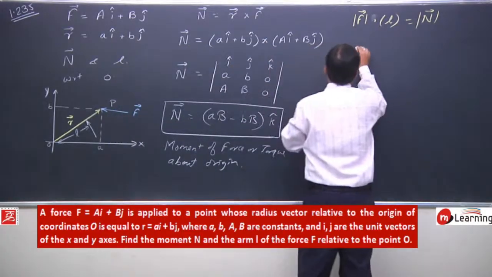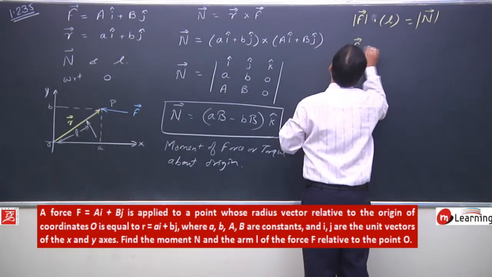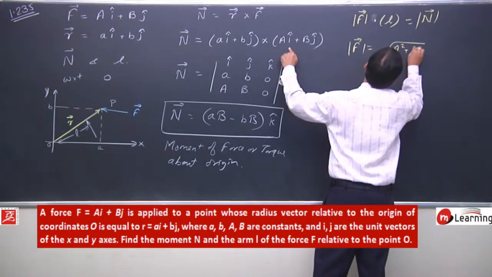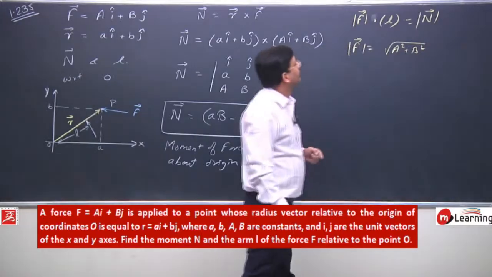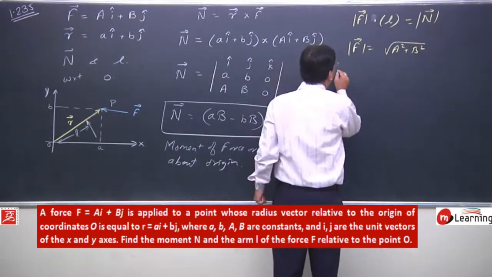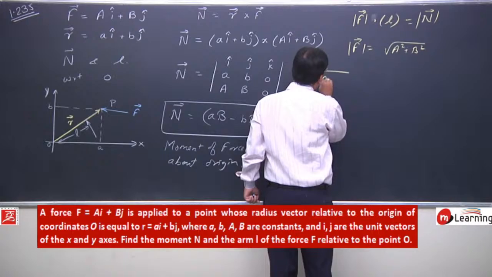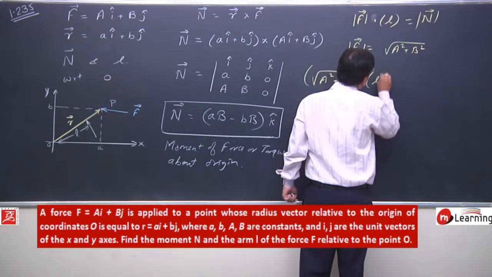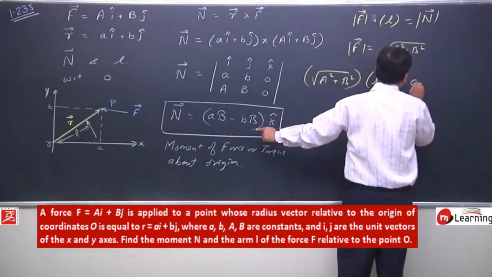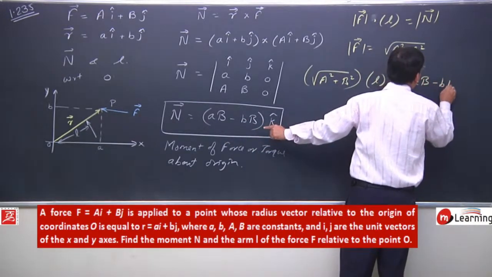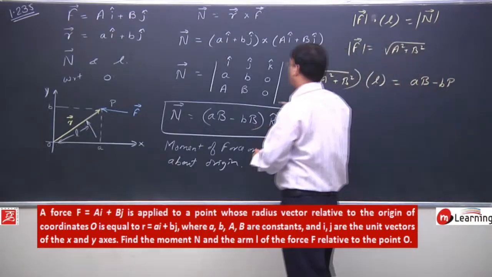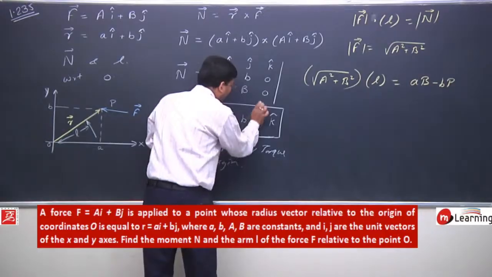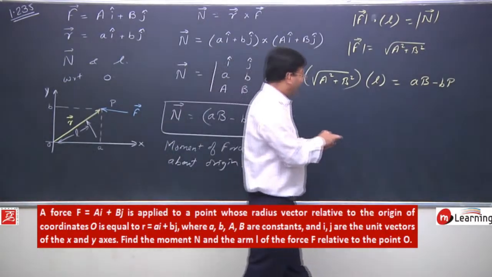Mod of force is under root of a square plus b square. Mod of force into arm length L must give us the same magnitude of torque, AB minus BA. Here it seems it must be A into B.